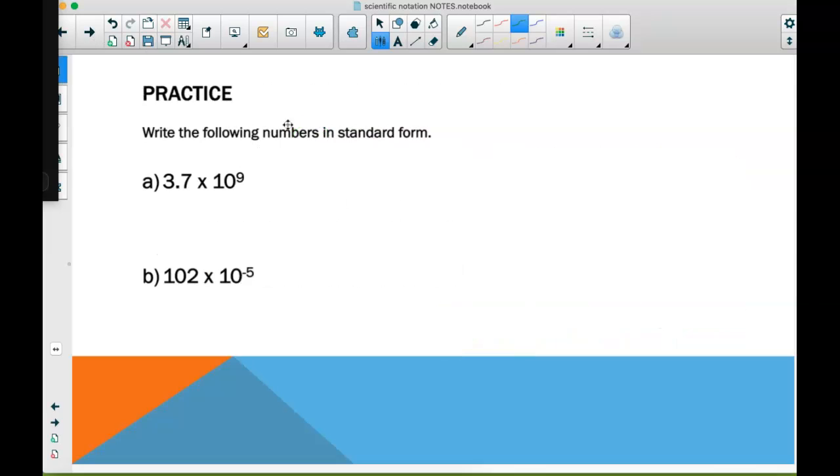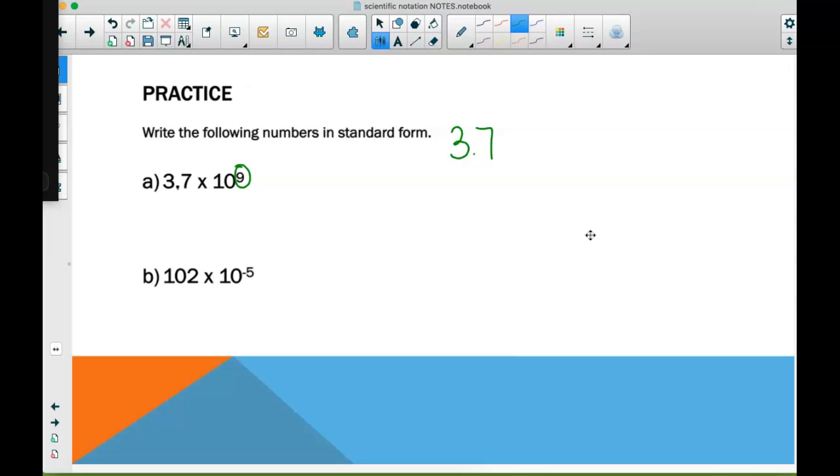Okay, let's try another one. So 3.7 times 10 to the 9th power. Put this in your notes. I want to write that in standard form. That means I'm multiplying by 10 9 times. So I'm going to take my decimal. We have 3.7 and I'm going to move it 9 places.